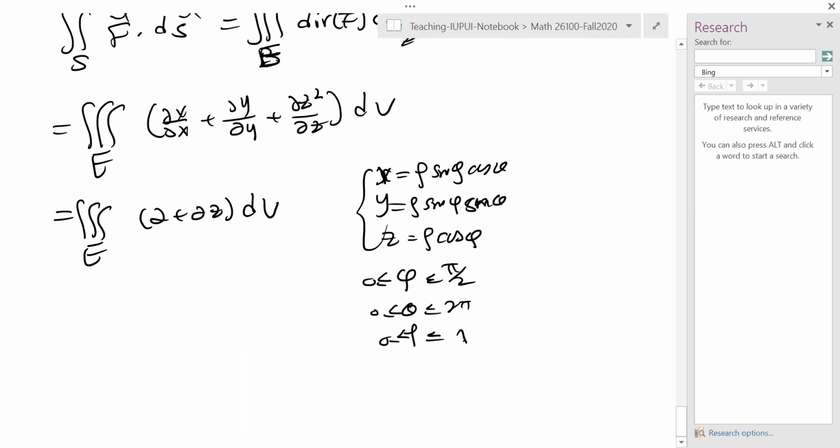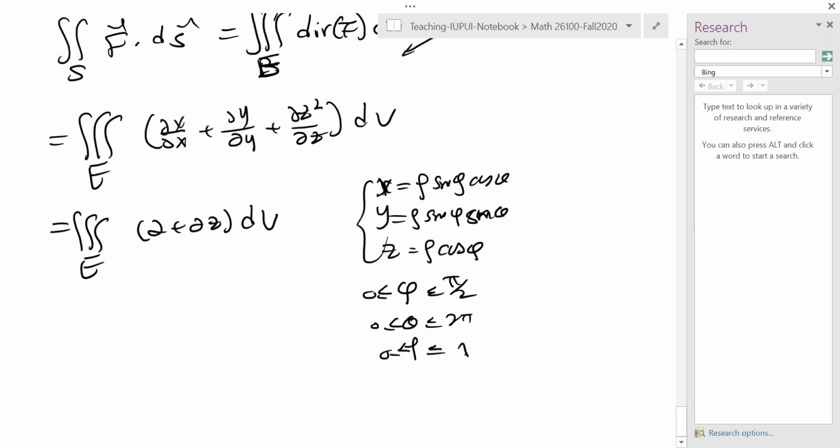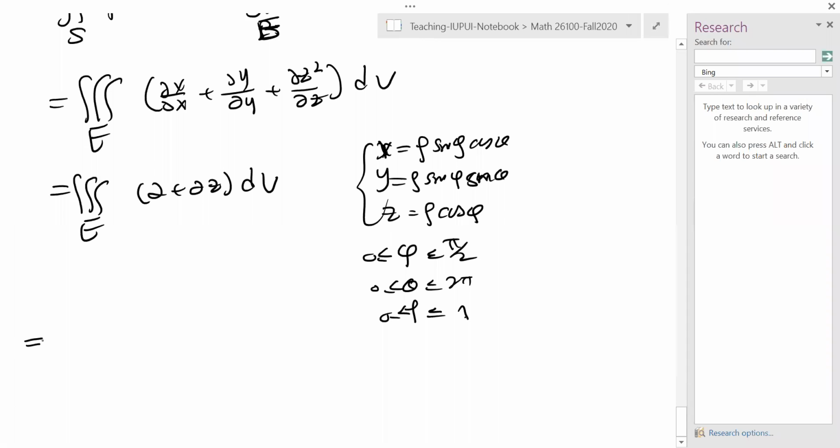All right, so now you have to use these new coordinates, okay? So this is a triple integral, okay? So the next step: because this is a rectangular box, it doesn't matter which one you put first.